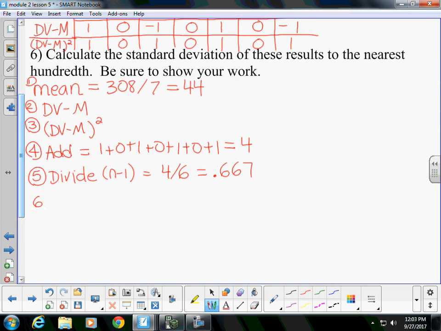And the last step is we want to square root that previous answer. So I'm going to take the square root of 0.667.